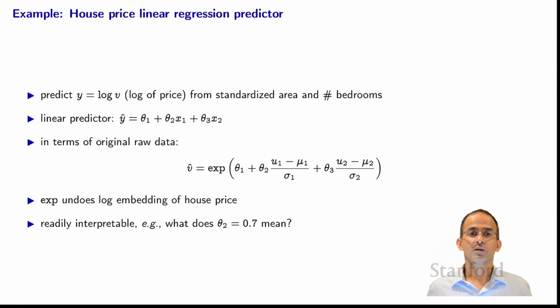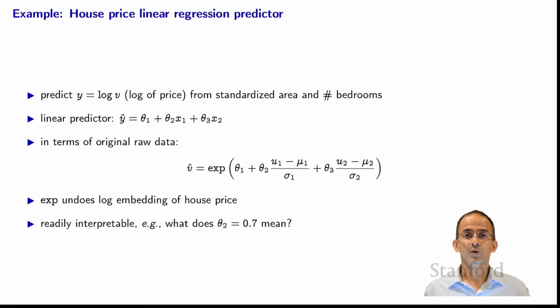So then we're going to predict y, which is log v, the log of the price, from the standardized area and the standardized number of bedrooms. We'll have a linear predictor, which will be y hat is theta 1 plus theta 2 x1 plus theta 3 times x2. And so in terms of the original data, how does this work? We start off with a bunch of data which we use in order to determine theta 1, theta 2, and theta 3.